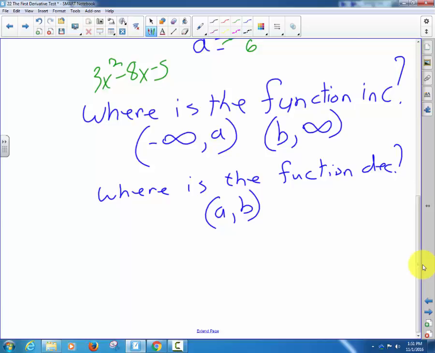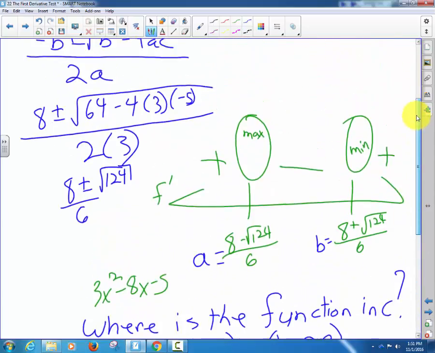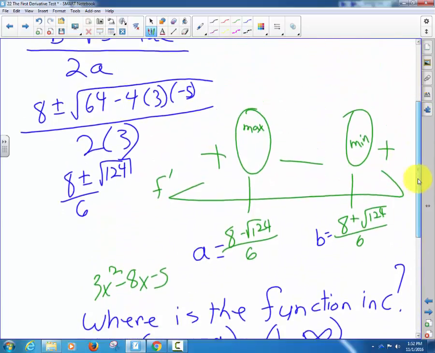It's just at 0. Okay? Where does a relative max occur? Where was a relative max at? A. Okay?